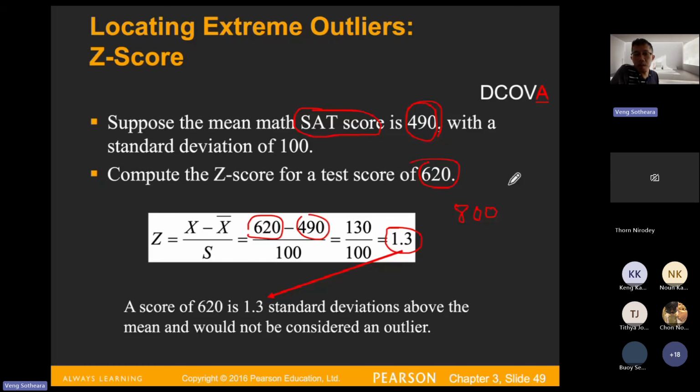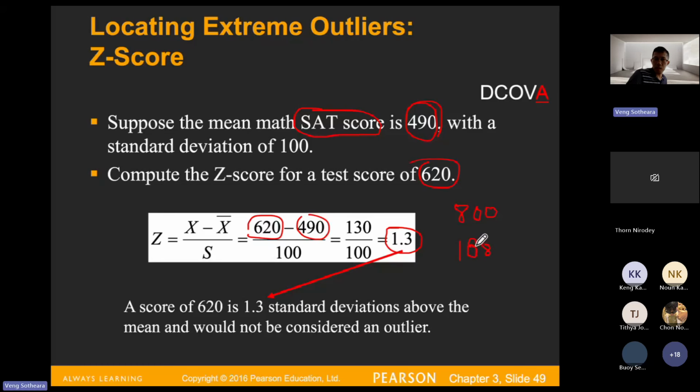So how about you figure out a number for me that is considered too low compared to the general student? What would be the test exam score? Too low. Just give one quick example. 180.